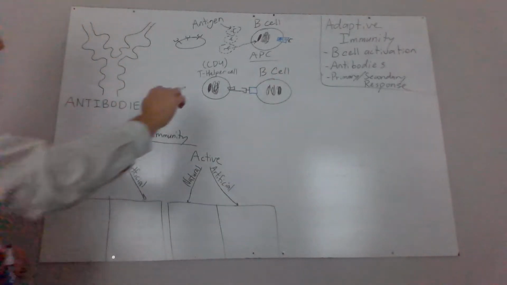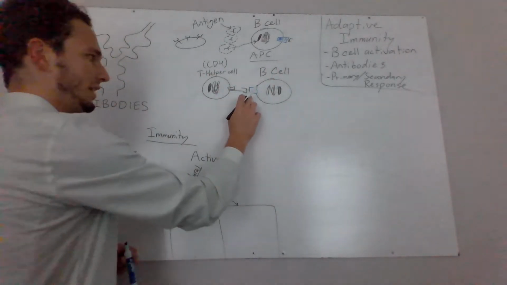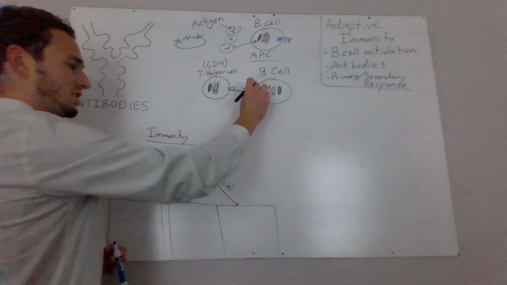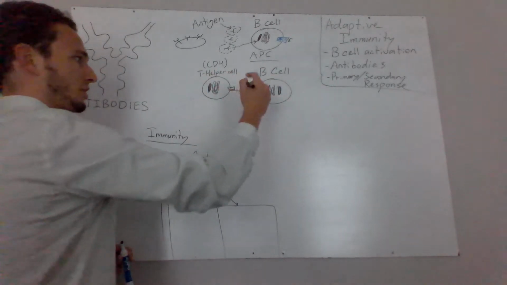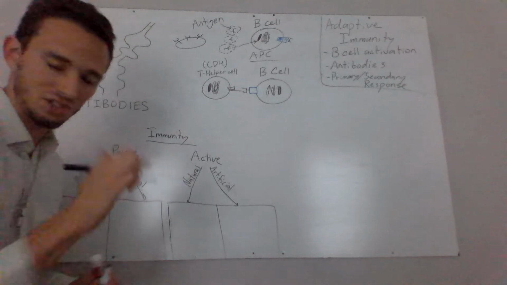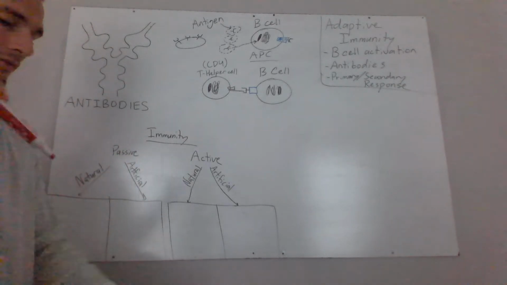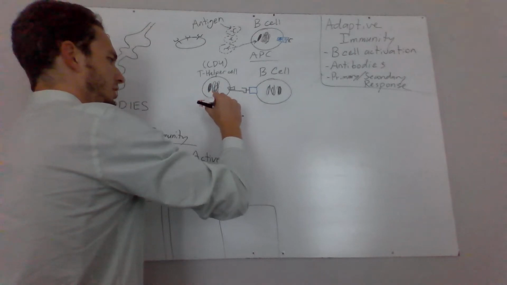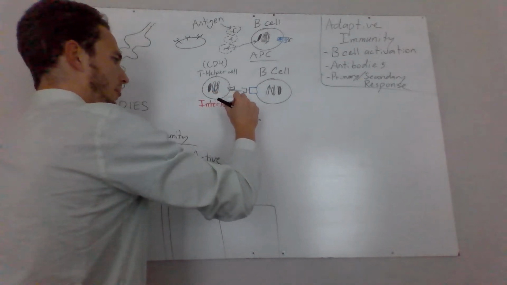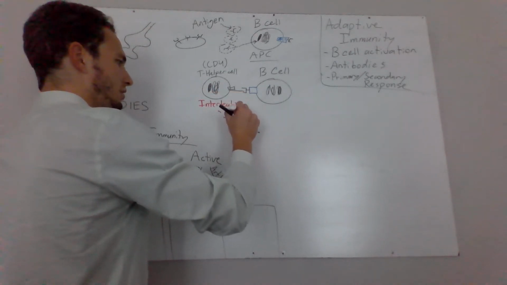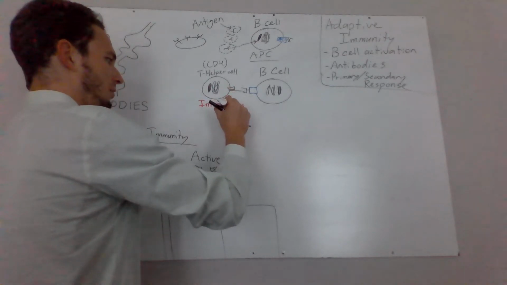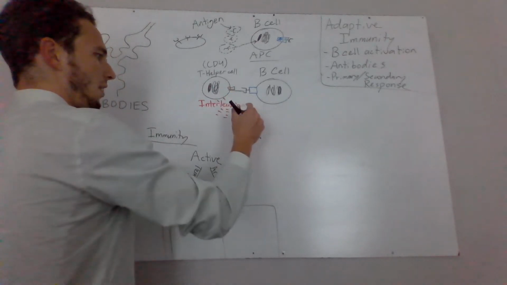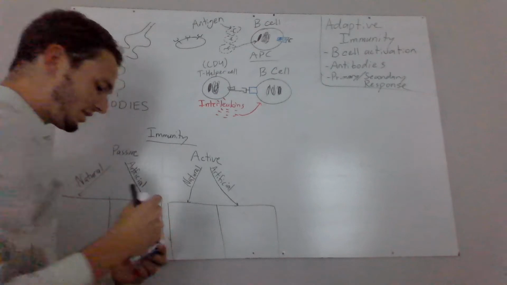Once the T helper cell connects with the antigen and the MHC2 complex that the B cell is presenting, it is going to stimulate the release of what's called interleukins. All of these little molecules are going to be secreted out of this T helper cell, and they go to the B cell.